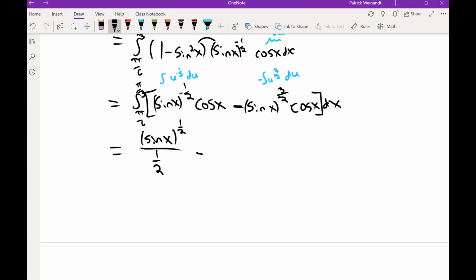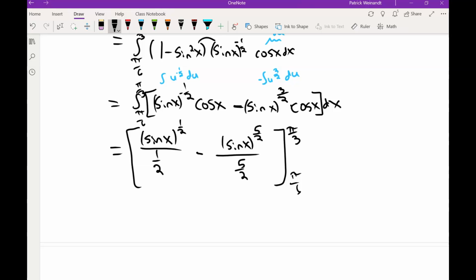Okay, and then we're subtracting, well, u to the 3/2, again, we're going to add 1 to that exponent, so that's going to be u to the 5/2, but u is sine of x, so sine of x to the 5/2 divided by 5/2. And we're doing a definite integral here, so we're evaluating this from pi over 6 to pi over 3.